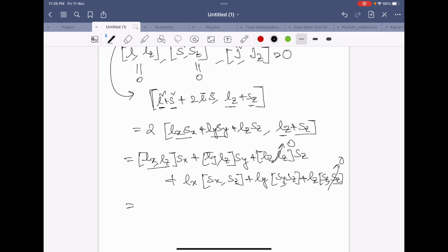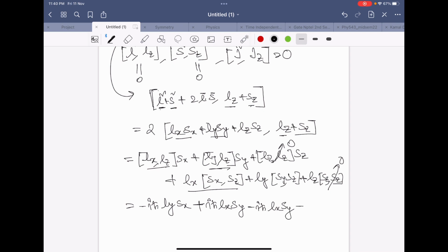For Lx Lz, we know the operator relations, so this gives minus i h bar Ly Sx, and plus i h bar Lx Sy comes from the Ly term. From Lx and Sx Sz we get minus i h bar Sy, so minus i h bar Lx Sy.